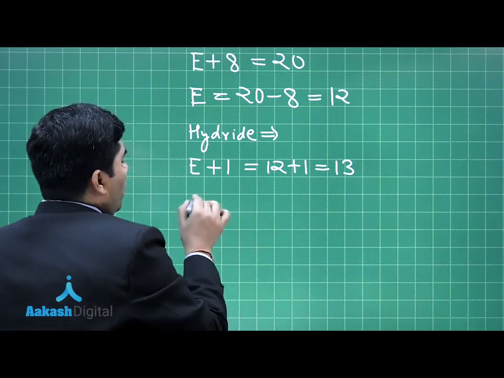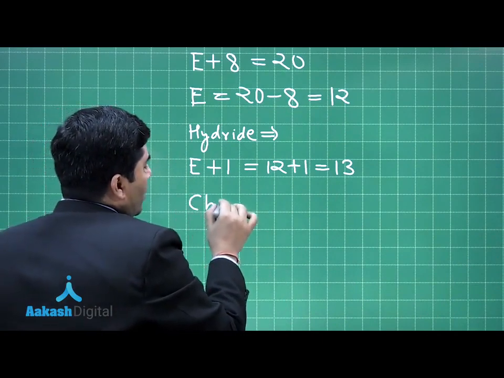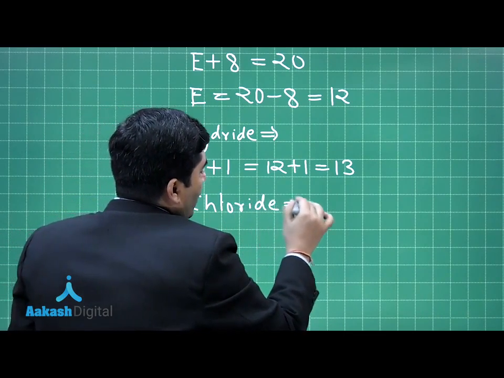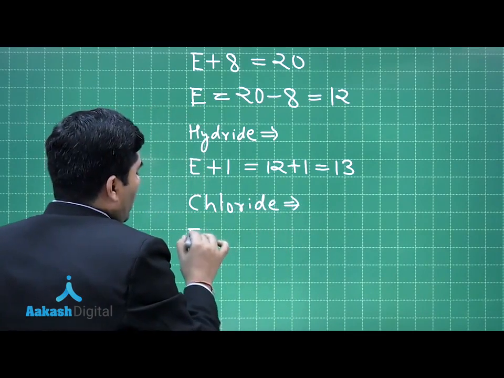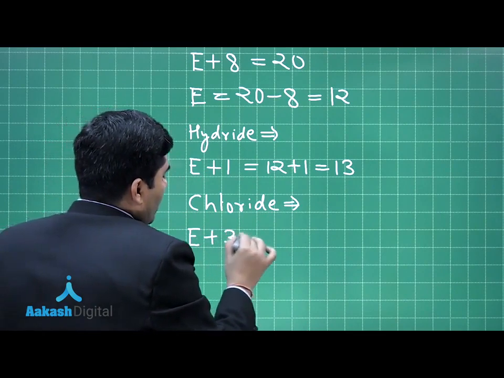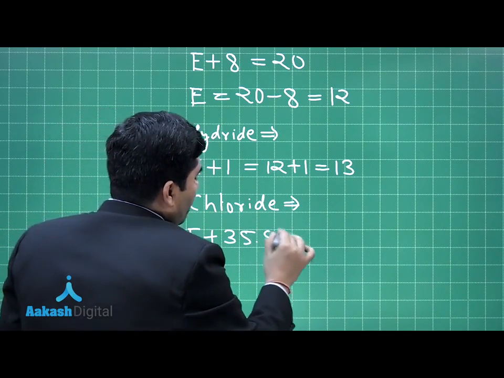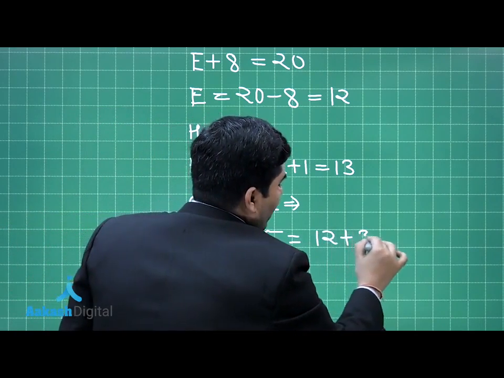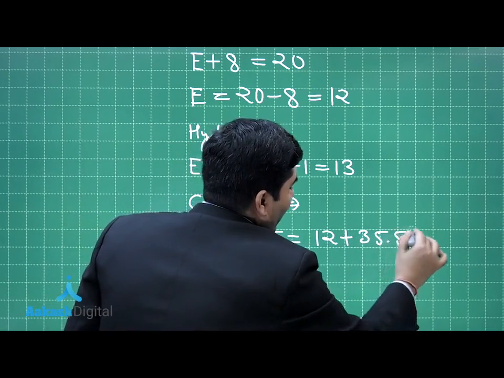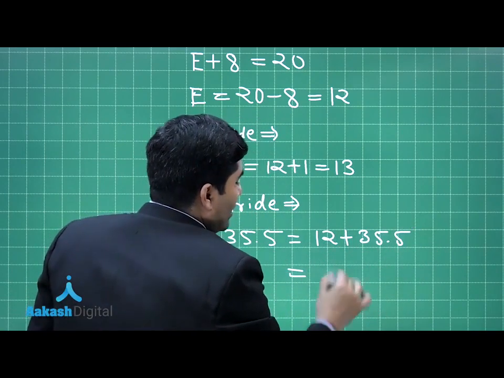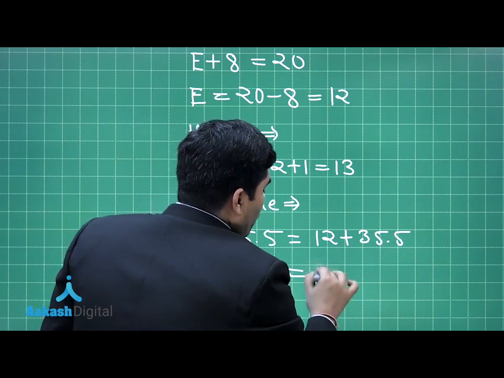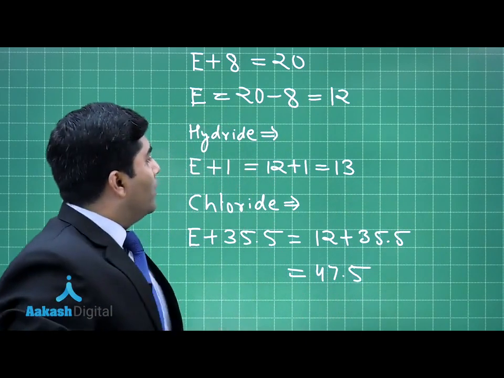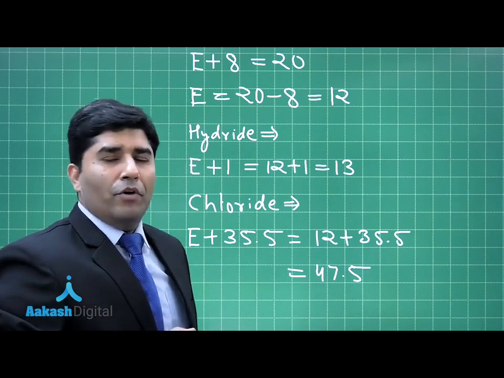In the case of chloride, as we studied earlier, it is equal to E plus 35.5, that is equal to 12 plus 35.5, and our final answer is 47.5. So that's how we will solve these kinds of questions.